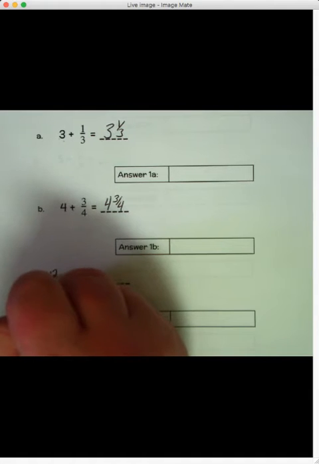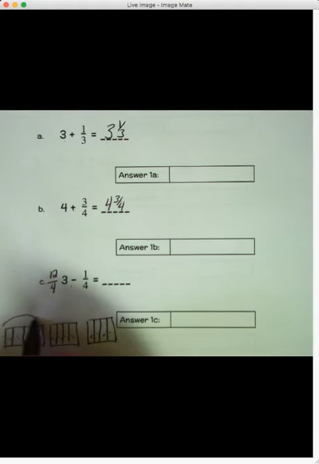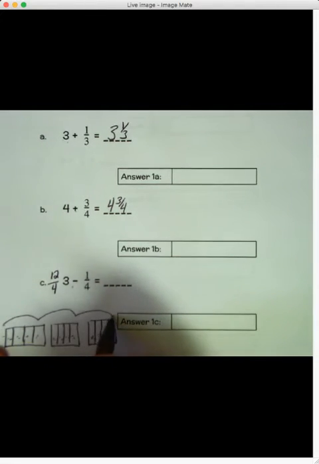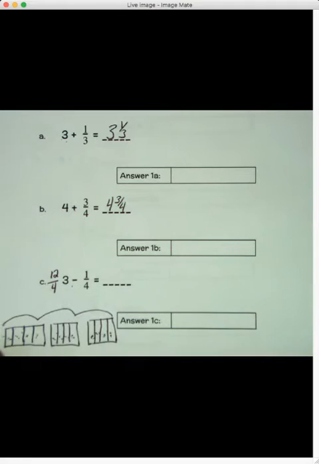So 3 is the same thing as 12 fourths. Did you get that? Because we took 3 whole boxes and we split each one of those whole boxes into fourths, and then I just counted how many fourths is 3. 3 is 12 fourths.